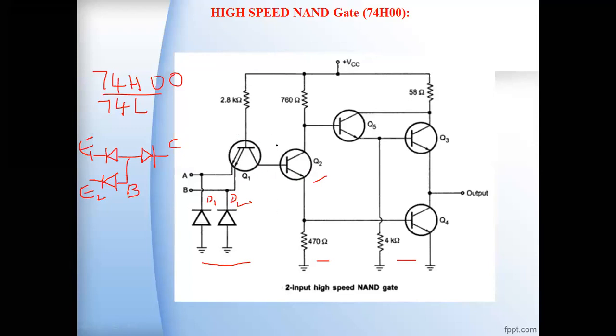And here we have the resistors 760 ohms and 470 ohms. Using the transistor Q2 and these two resistors, the 760 ohm resistance and the 470 ohm resistance, it forms the phase splitter.